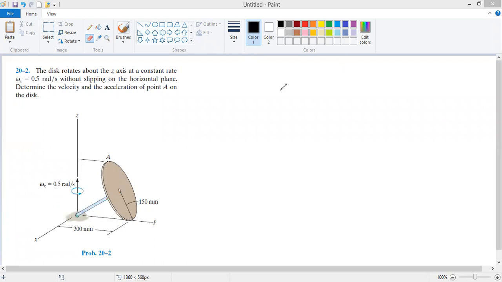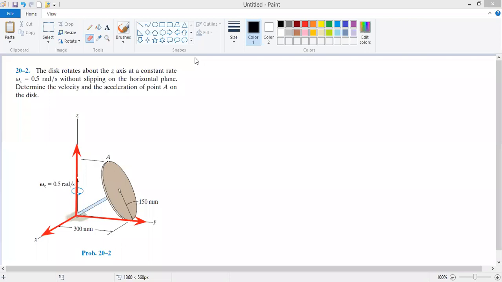Let me clean the diagrams to draw them more precisely, representing my frames of reference. First of all, this is the ground x-axis, this is the y-axis of the ground frame of reference, and this is the z-axis of the ground frame of reference.